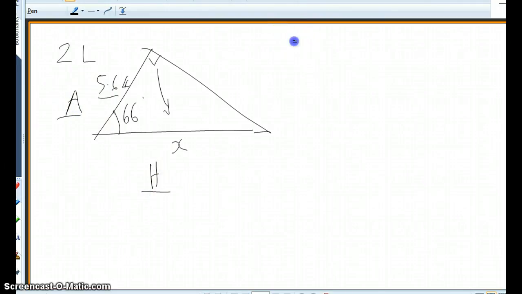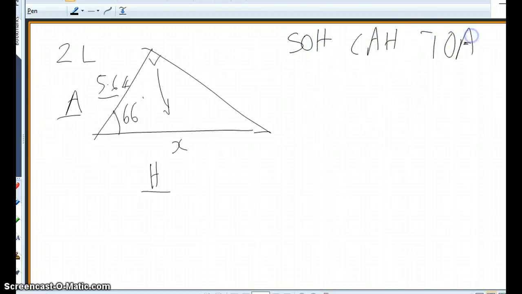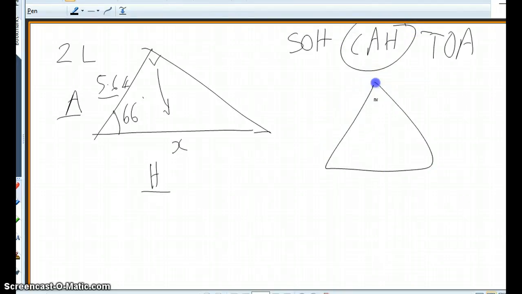Again, you would write the SOH CAH TOA, and then I would decide which one deals with H and A. Cosine. Triangle.